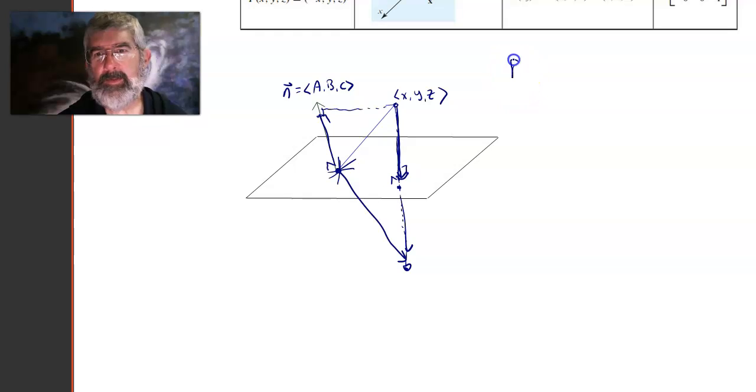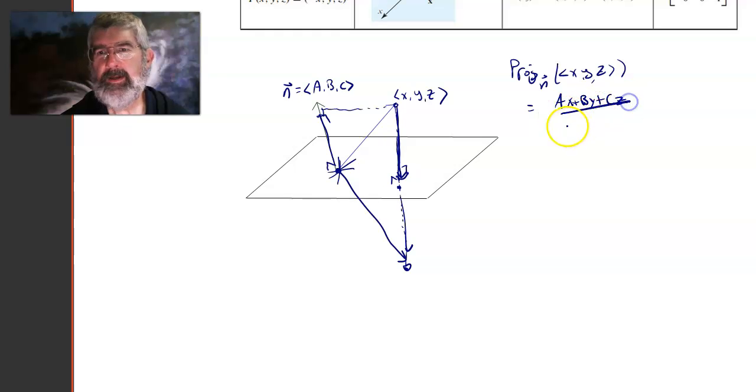The projection onto n of the vector x, y, z is, you take the dot product of the two of them, so that's ax plus by plus cz, over the dot product of n with itself, so that's just a squared plus b squared plus c squared, and then multiply that by n.